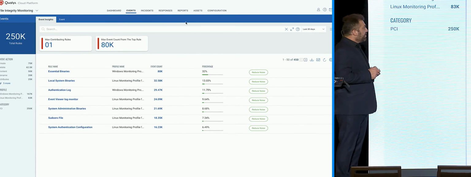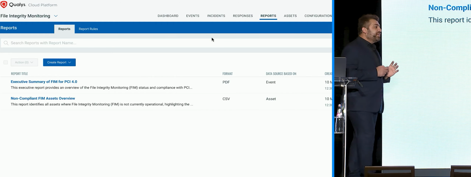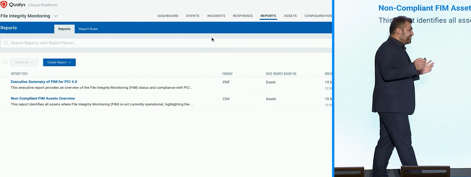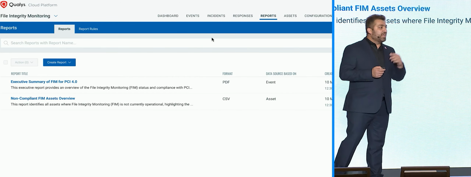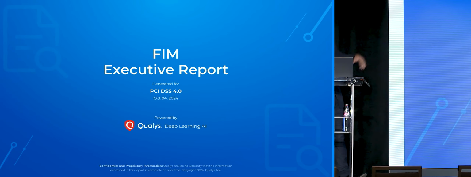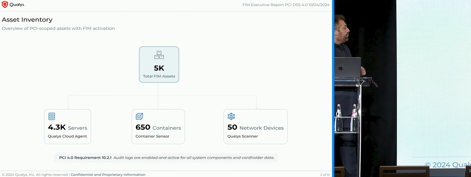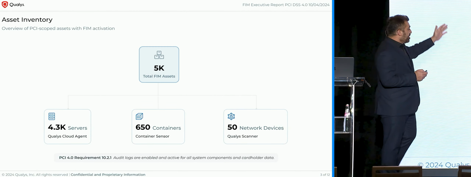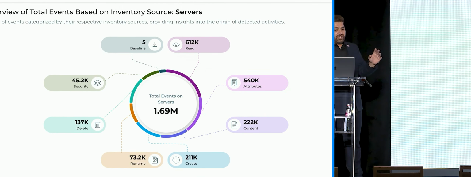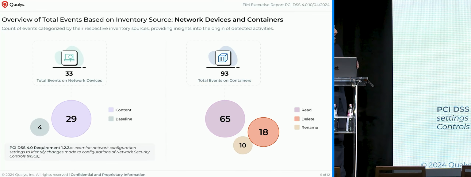And going further to the reports, as I mentioned, what your auditors need. Compliance is a requirement, and your auditors would need a report. So we create this summary report by default, wherein you have total assets, the assets on which you have activated FIM, along with what events are there per source, and what kind of events are there based on what action.